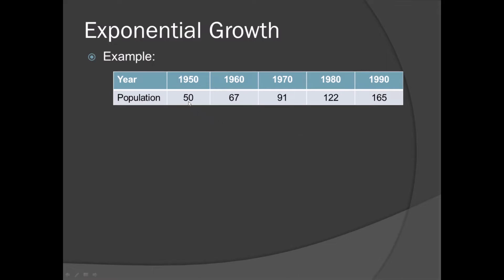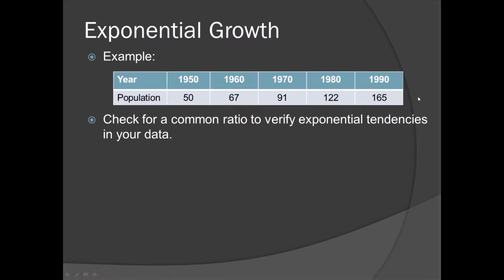But you can tell here that from here to here is 13, and from here to here is, I think, 24. The point being that this is not additive growth. It just keeps getting bigger and bigger and bigger. So it looks kind of like we're setting up for exponential. Let's see how that common ratio works.